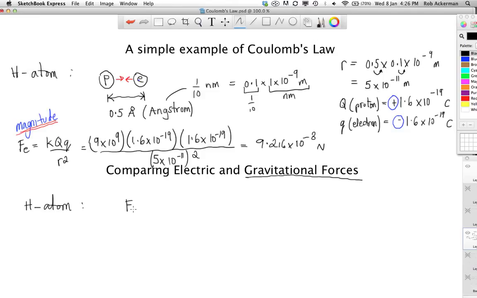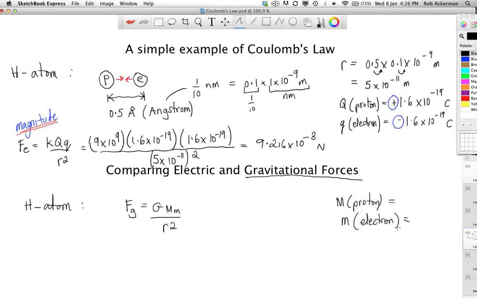So just for fun, go back to this formula, and I'd like you to look up the mass for a proton, and I'd like you to look up little m, the mass for an electron.